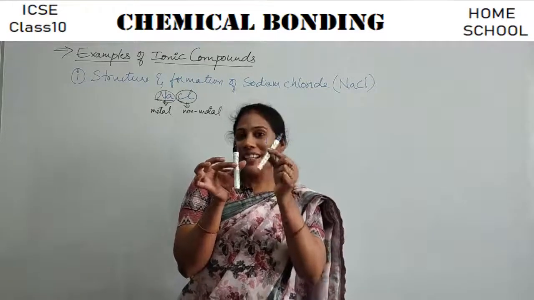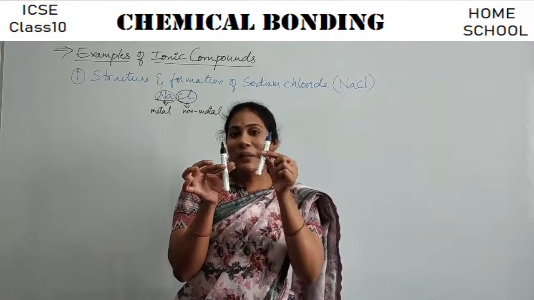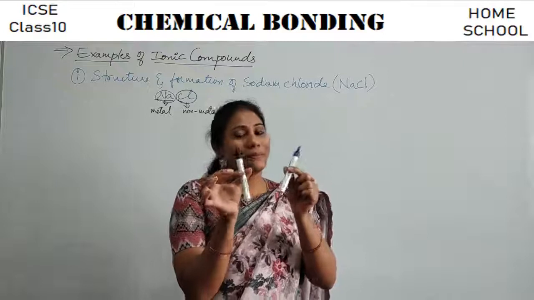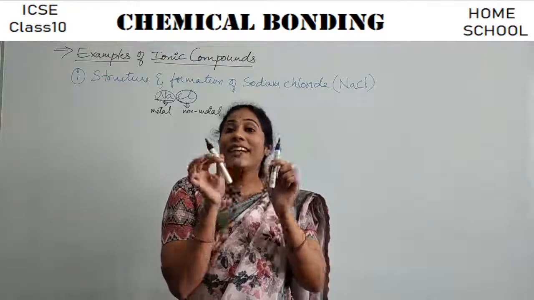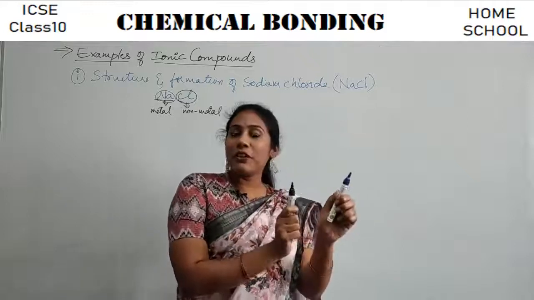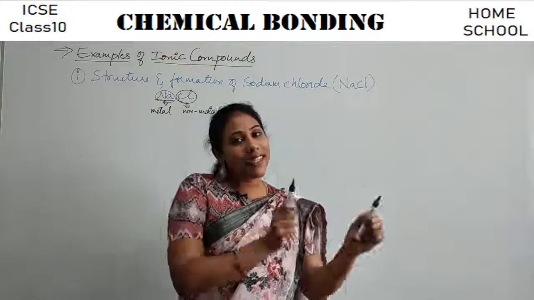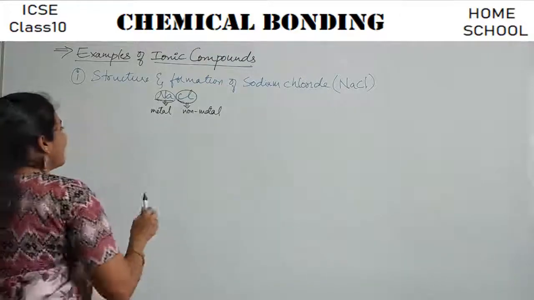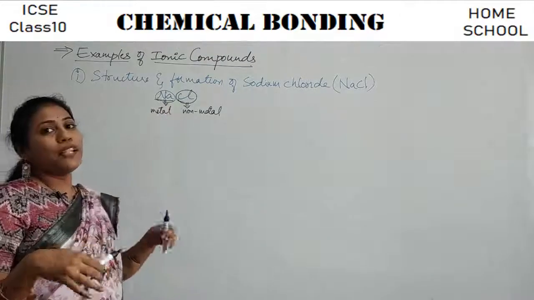And that somebody, which is a non-metal, will take the electron from the metal, that is sodium. See, only when the conditions are favorable does a metal lose an electron and a non-metal gain an electron.